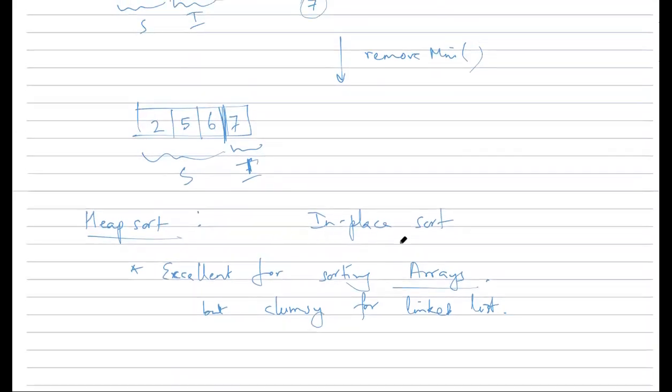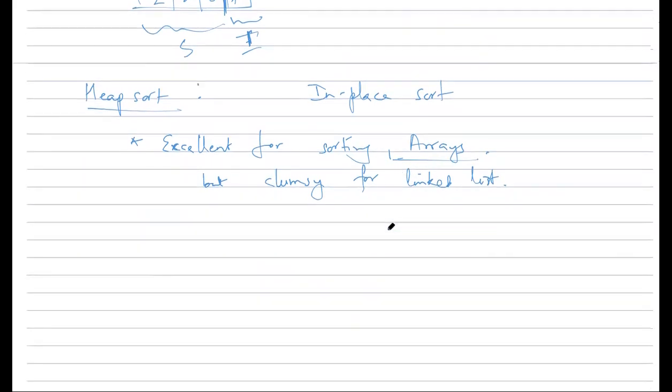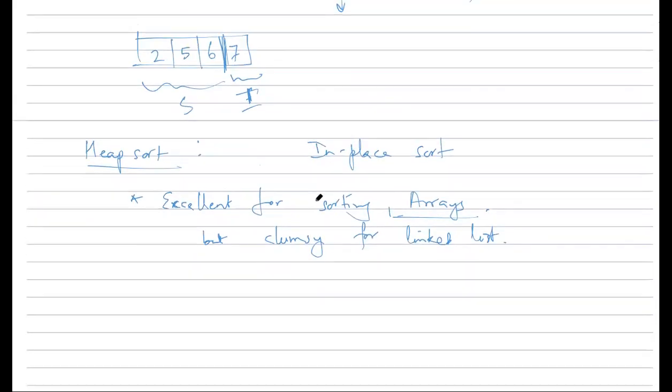So when it comes to sorting arrays, heap sort, you can see, is a natural algorithm of choice compared to when the inputs are coming in linked list form.